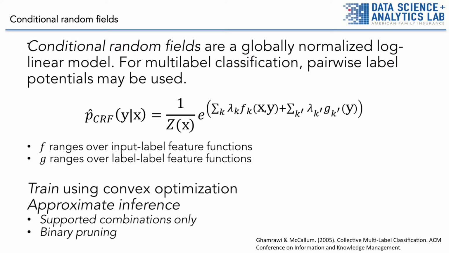The thing that is different about a conditional random field is that we have two different types of features that are associated with parameters, these lambdas in the model. There are these feature functions F that have to do with how strongly our predictive features are associated with our output labels. And then there are these feature functions G that have to do with how strongly pairs of output labels are related to one another, or basically whether labels are correlated or anti-correlated with one another.